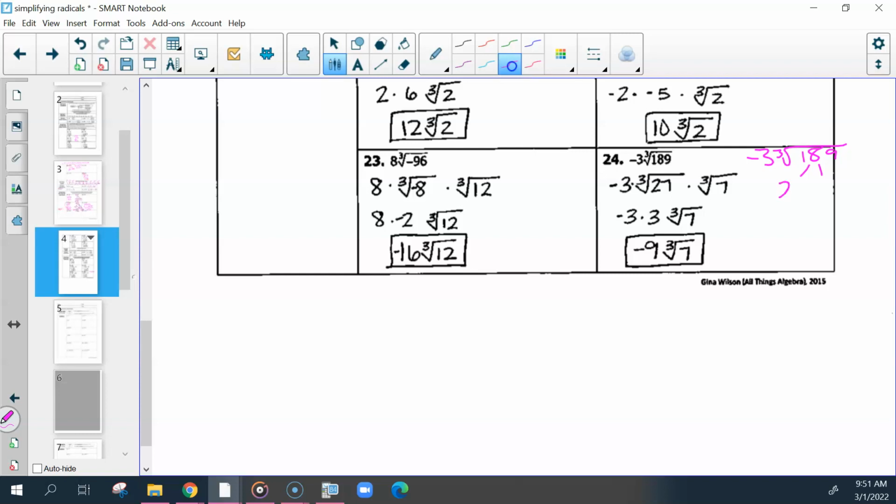And then breaking it down, okay. So here we have 9 and 3, and 3 and 3. So one group of 3s we get to come out. We have -3 times this group of 3, and then times the cube root of 7.